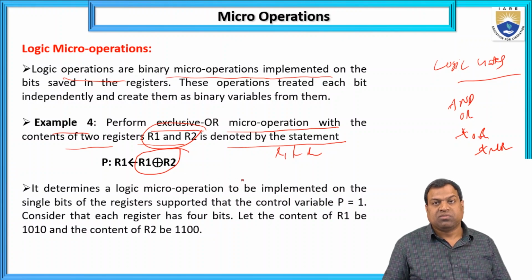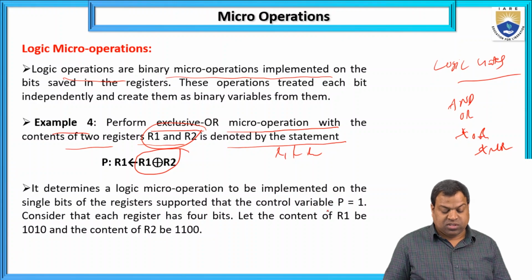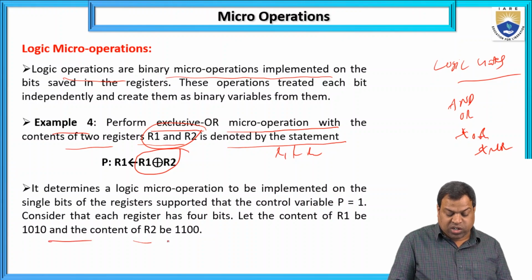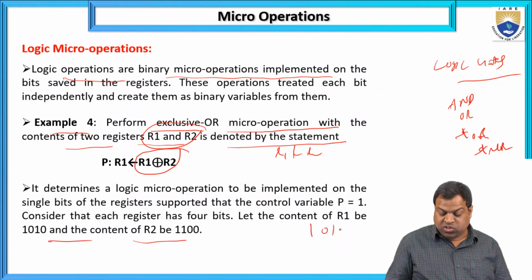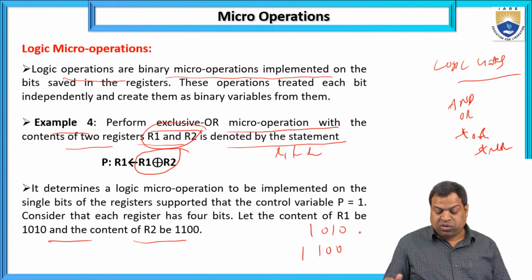We will discuss the design and truth table. It determines a logic microoperation to be implemented on the single bits of the register, supposing the control variable p equals 1. Consider that each register has 4 bits. Let the content of R1 be 1010 and R2 be 1100. This is the R1 value and this is the R2 value.